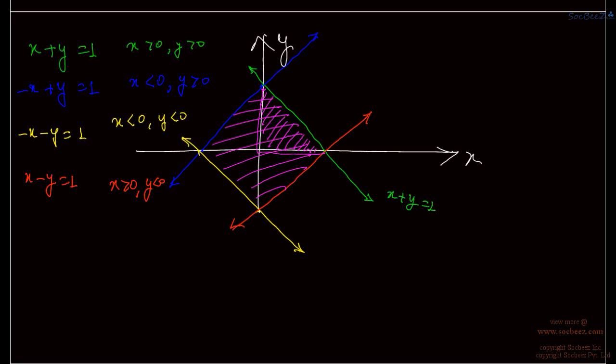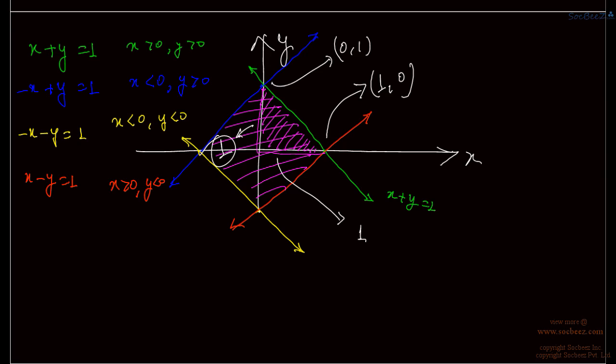So we can easily find this area since this is the line x plus y is equal to 1. The coordinate of this point is (1, 0), right? And the coordinate of this point is (0, 1). So we have this length as 1 unit as well as this length as 1 unit. Okay.